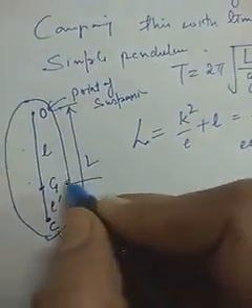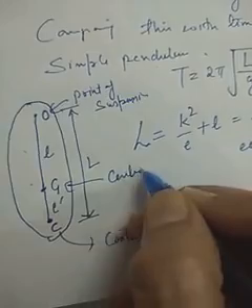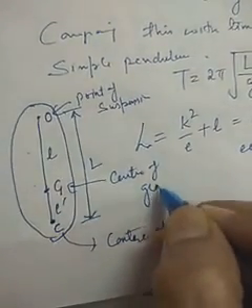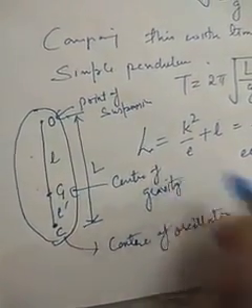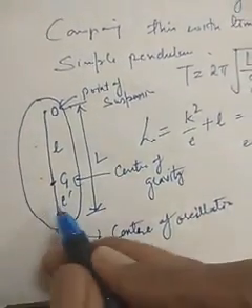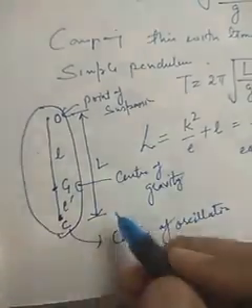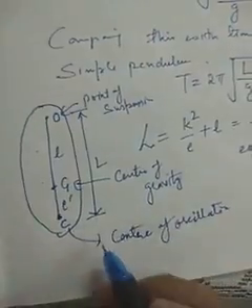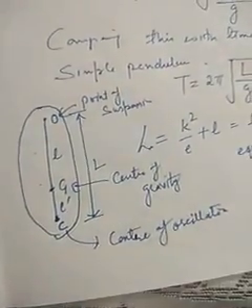This is the center of gravity. This is the center of oscillation, the new point, which is capital L distance away from your point of suspension, that is named as center of oscillation.